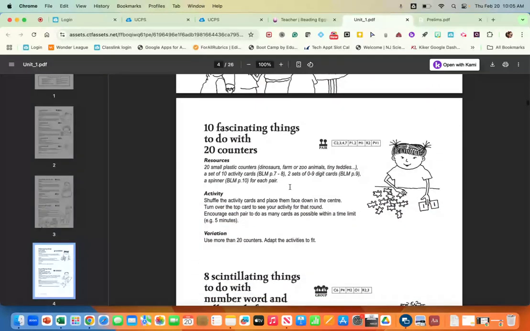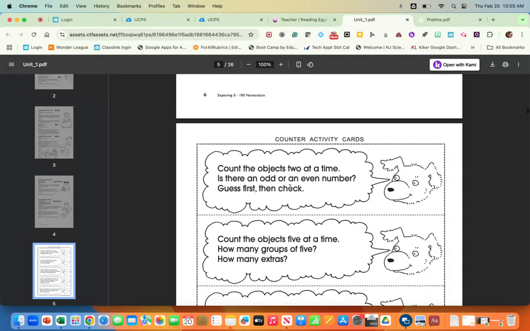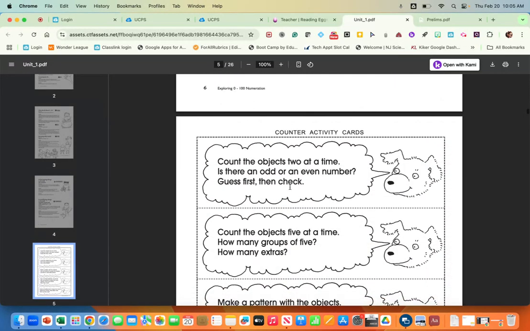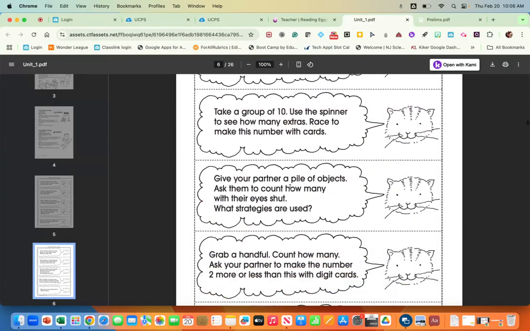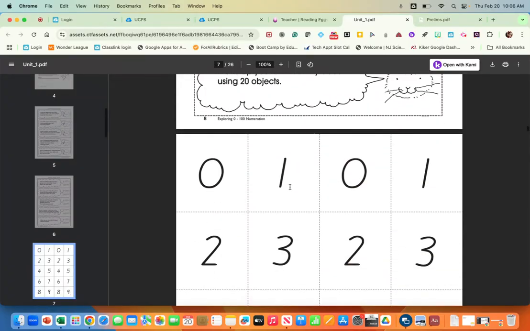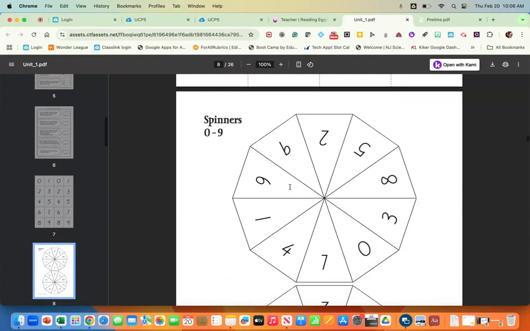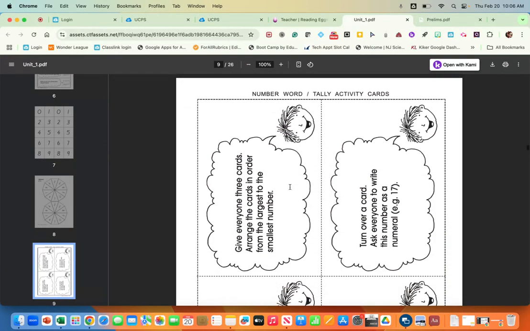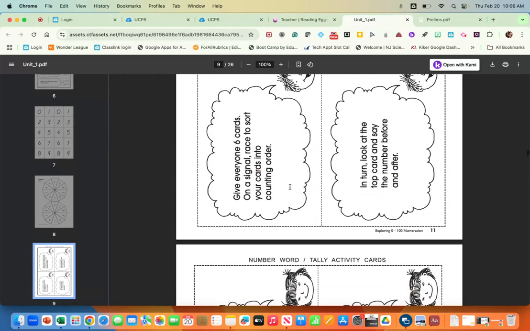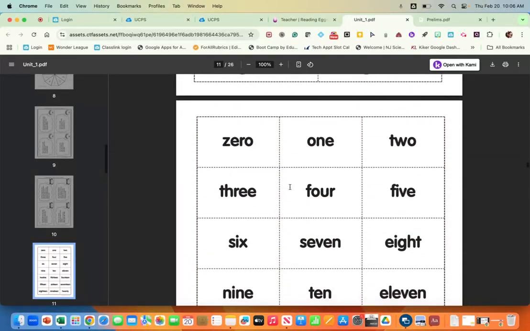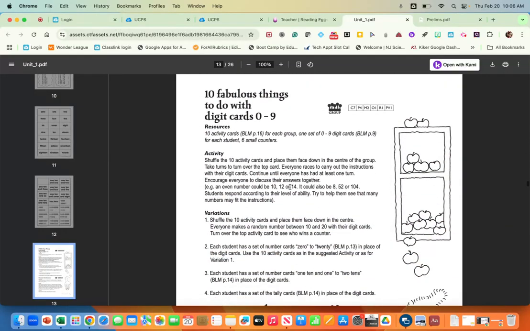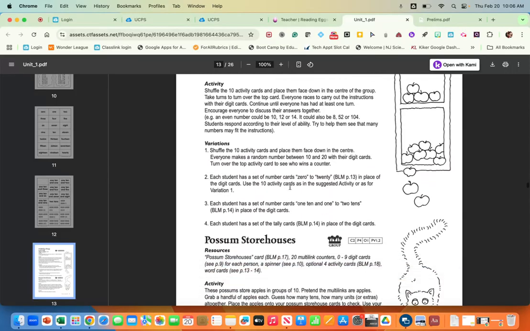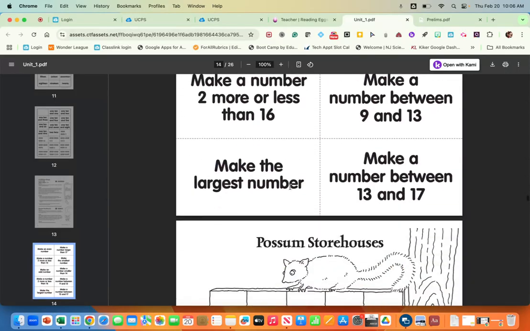Scrolling down, you'll see some activity cards that go along with the teacher lesson plans, some number cards, spinners. These are all of the PDFs that you can print out that support the activities within this unit.